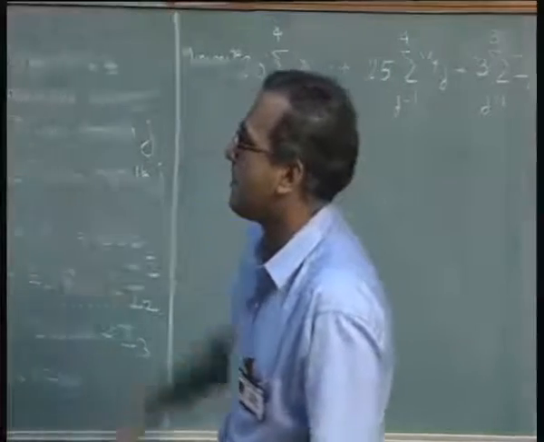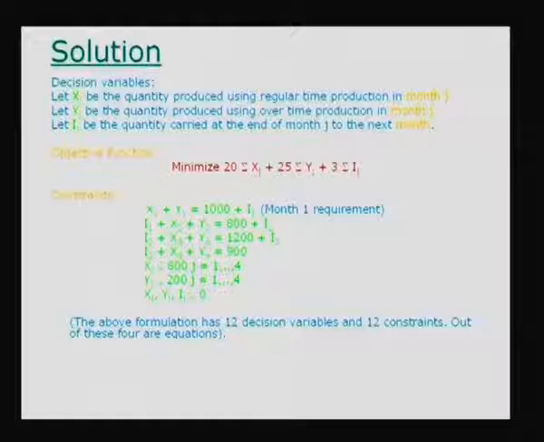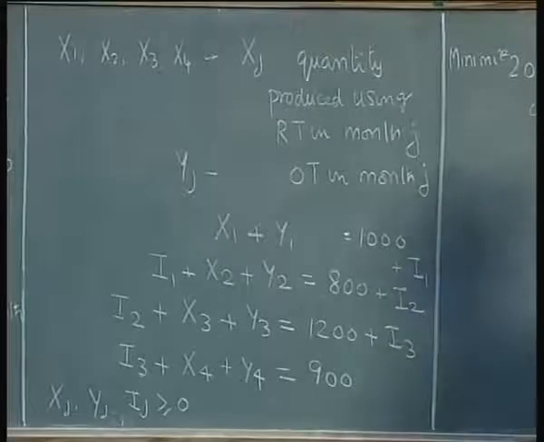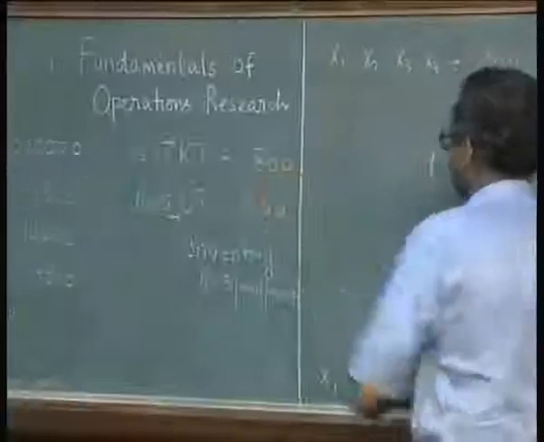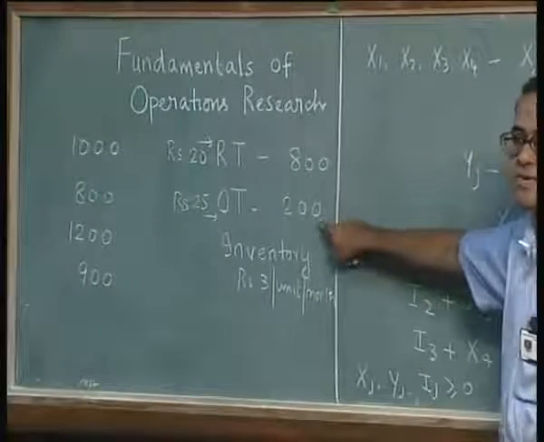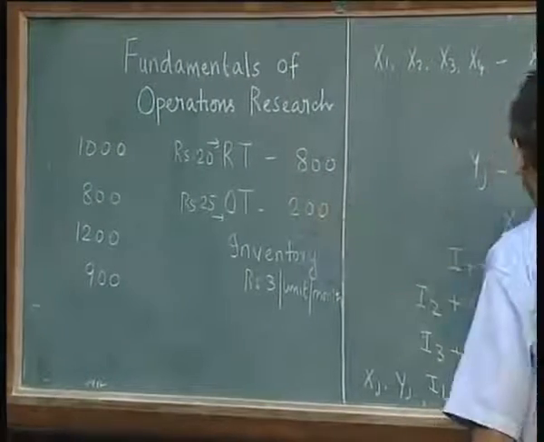Now, we go back. As far as this problem is concerned, it actually has 11 decision variables. We have left out the I4, and we need to write some more constraints which I have not written right now. The regular time capacity and the overtime capacity are also given here. So, we need to write these constraints.